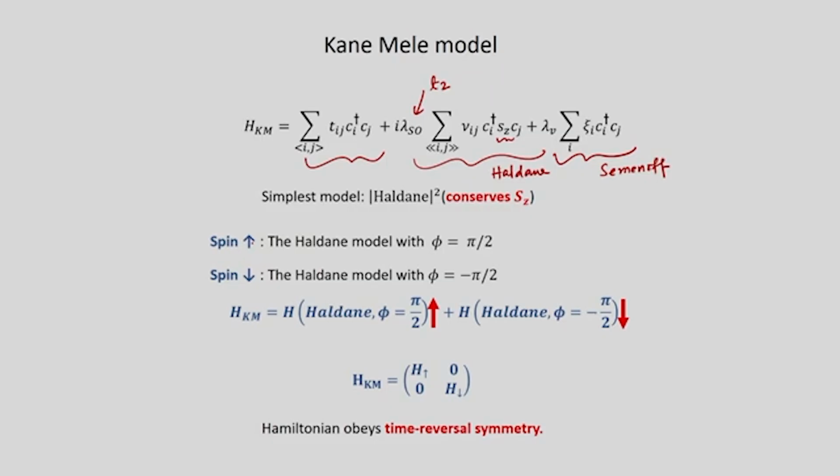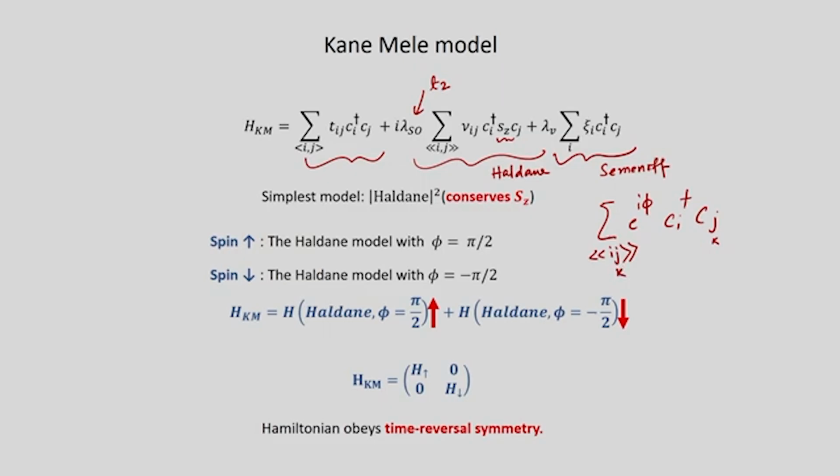You remember the flux comes from the second neighbor hopping, which is exponential i phi, and then of course one has a Ci dagger Cj. Now this is second neighbor, so we write it with an ij, or in case you are not comfortable with ij, because that's used for the nearest neighbor as we have done for the first term, you can use an ik also, so instead of a j one can use a k, just to make sure that it's the next nearest neighbor and not the nearest neighbor.